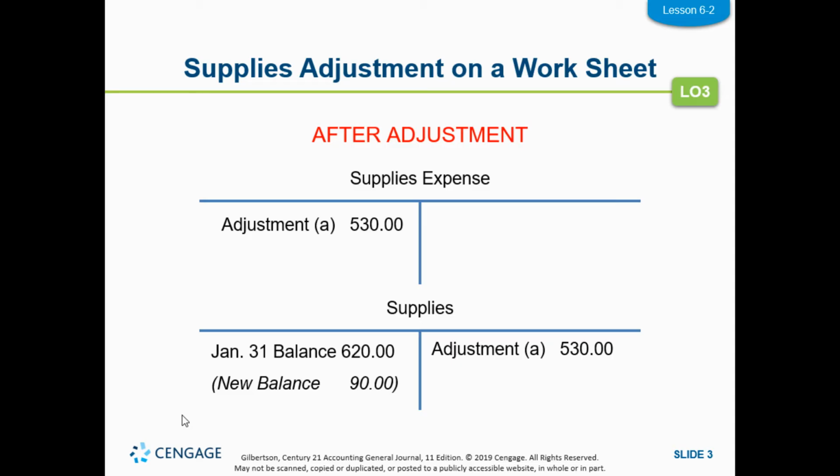It just doesn't reflect what we physically have left over in inventory. So we need to record an adjustment that we used up $530 of supplies. We're going to credit the asset, reduce the asset amount, so it goes down to what we inventoried it at, $90, and we're going to debit our supplies expense to reflect those expenses actually being used up during the month. All right.